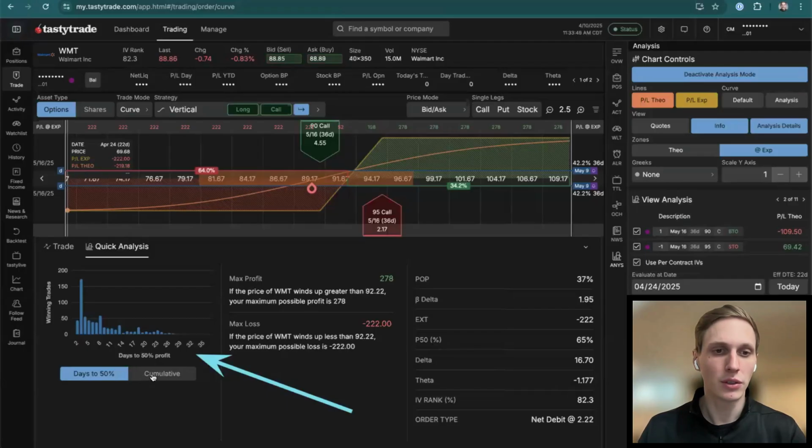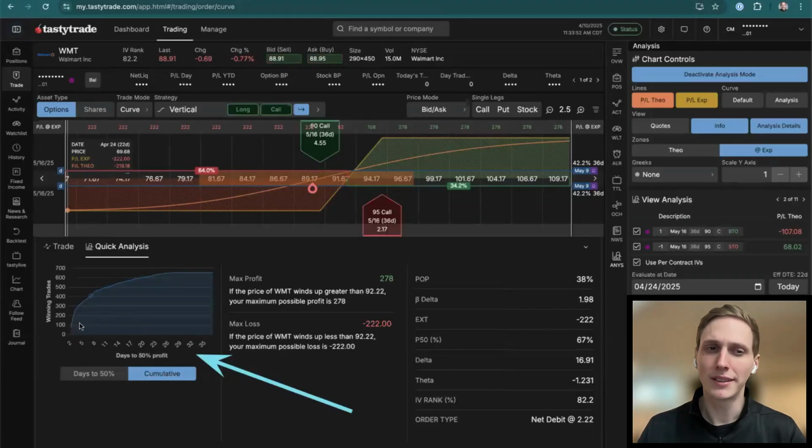But personally, if you go to the cumulative, it makes a little more sense where you start to see all these days until expiration. So we have days until expiration at the bottom and the amount of the trades that reach 50%. It's adding up each of those instances all the way up to the top here, where we'll see it's about 670 in this case out of 1,000, where it's jumping around based on the prices changing too.